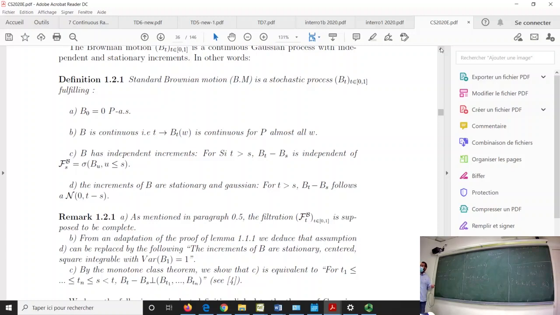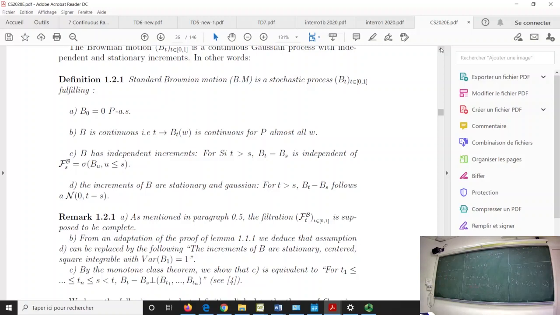So I use the bilinearity of the covariance to get here the covariance of Bt and Bti minus the covariance of Bs and Bti. And what is each covariance? Don't forget that you have this one. So what is this?